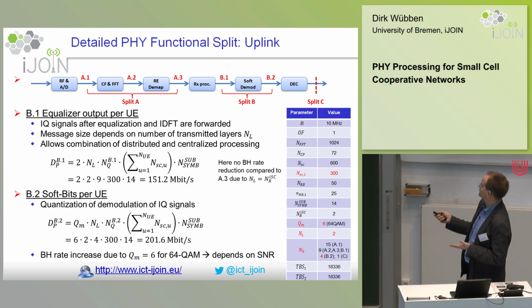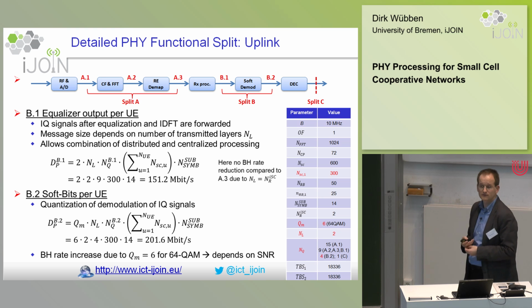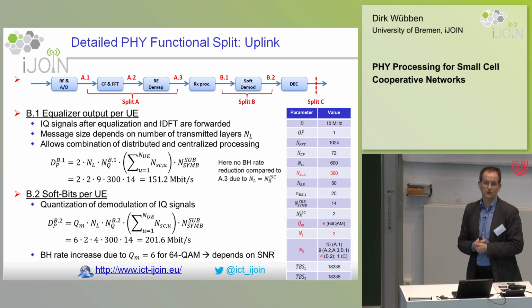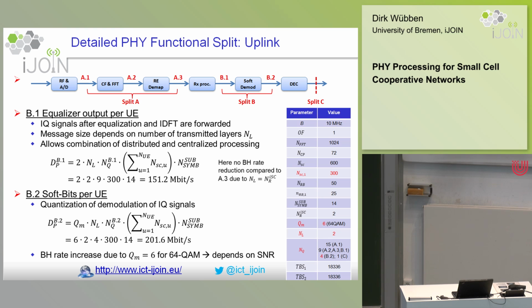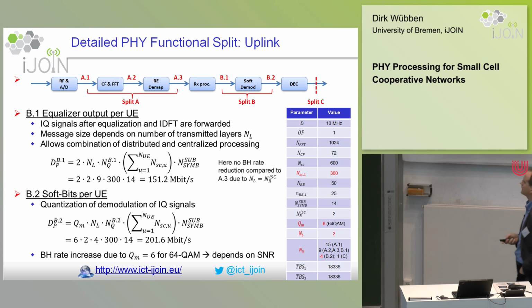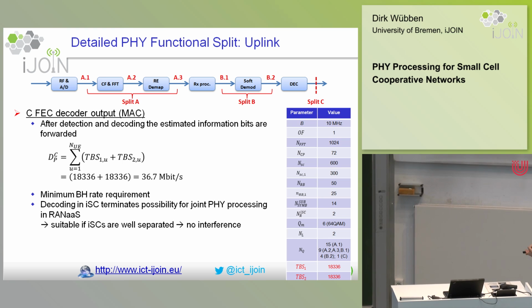For example, for 64 QAM, Qm, the number of bits per transmitted signal, is equal to 6, and correspondingly we have even an increase in the backhaul rate. But this is of course an extreme case. Usually when we have just QPSK or 16 QAM, then the number is 2 or 4 and correspondingly much lower. Okay, so this is also forwarding IQ signals or soft bits.